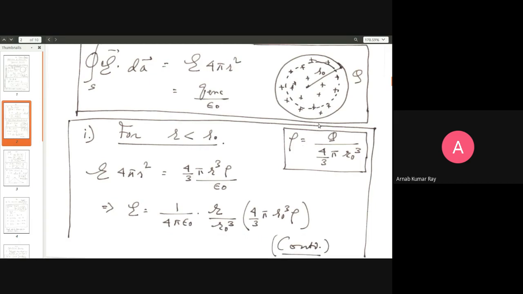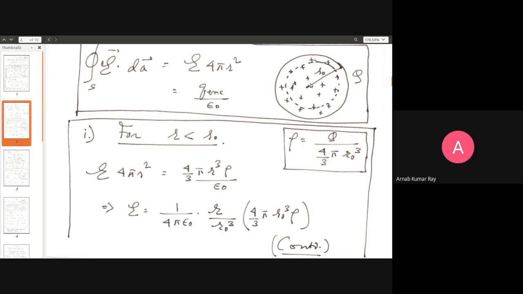Okay. What is the charge density? Charge density is equal to Q divided by 4 third pi r naught cubed. What is 4 third pi r naught cubed? That's the total volume of the sphere. And Q is the total charge enclosed within the sphere. So you take the charge density to be constant, which is not a bad approximation, because all the charges tend to repel one another and since they are of the same type, they'll try to get as far away as possible from one another.